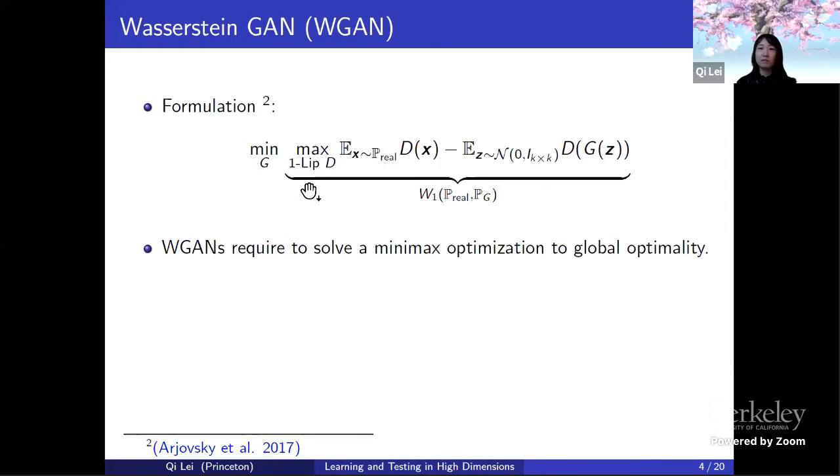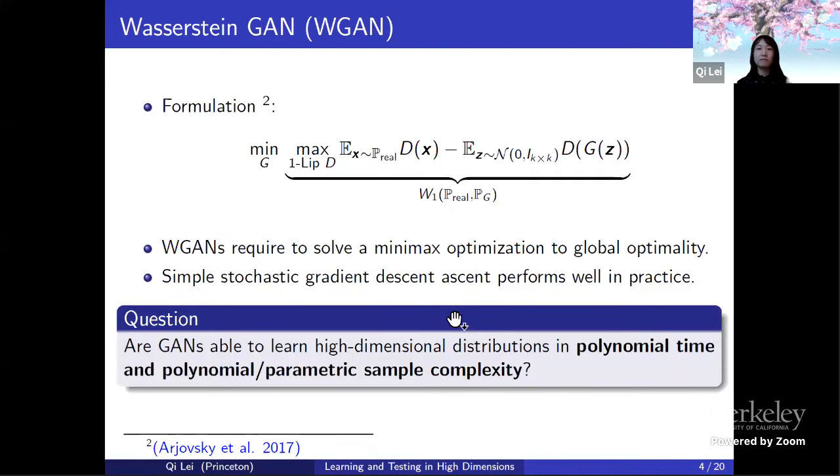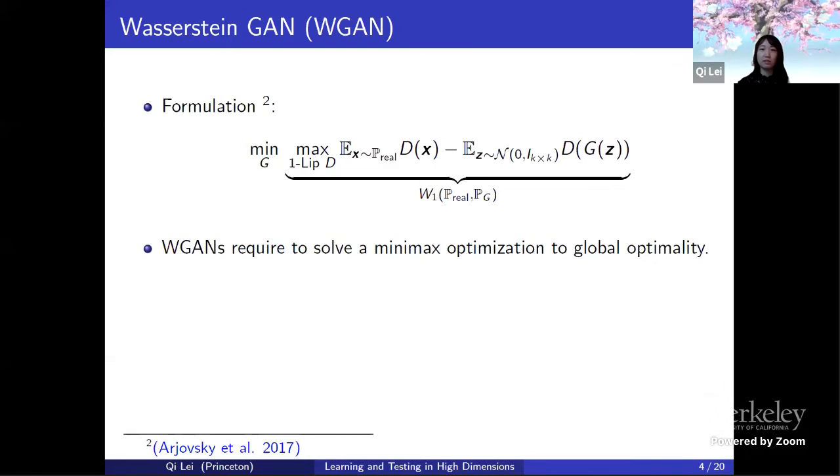And from this formulation, we can see that in order to match the real distribution and our generated distribution, WGANs actually require solving this min-max optimization to its global optimality. However, we all know that this kind of problem is quite challenging because it's usually non-convex, non-concave.